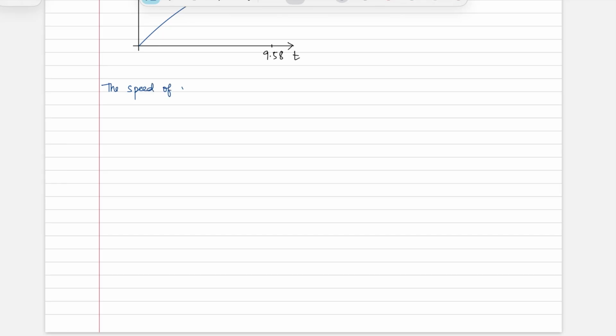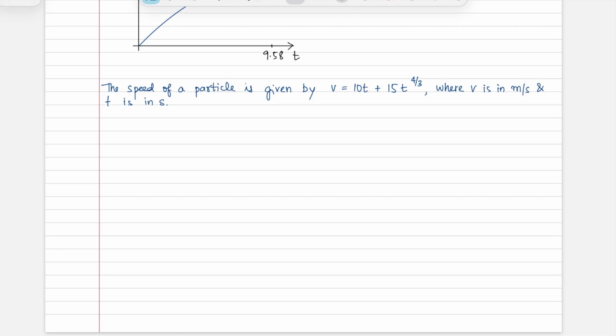The speed of a particle is given by v equals 10t plus 15t^(4/3), where v is in meters per second and t is in seconds.